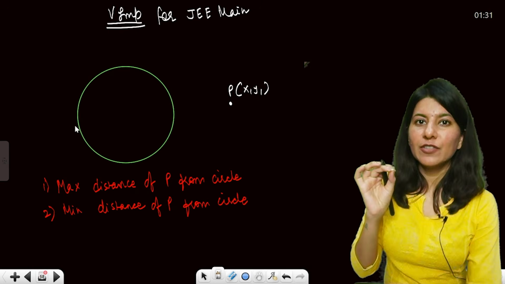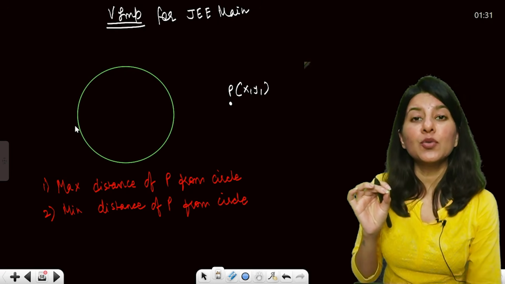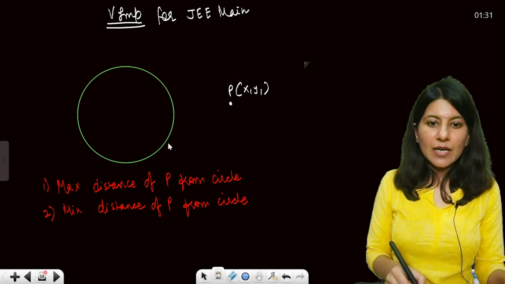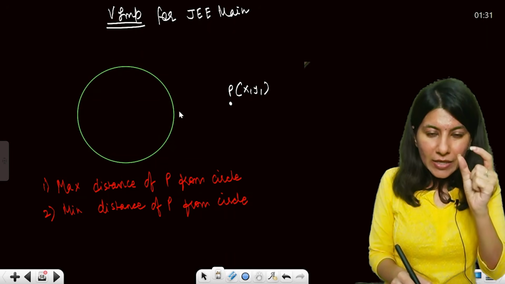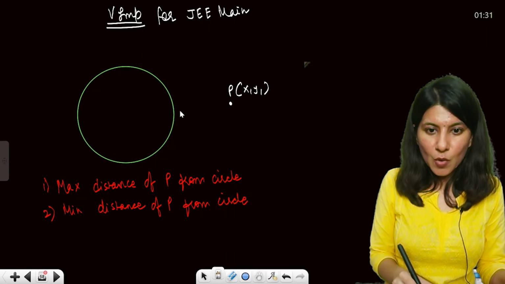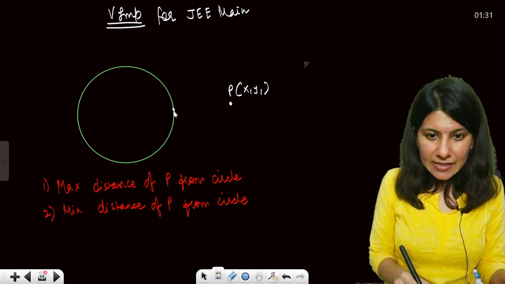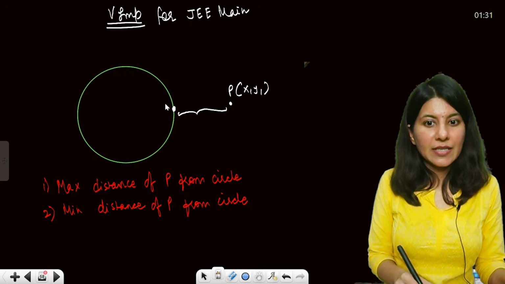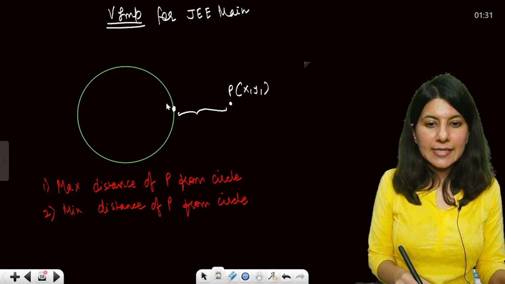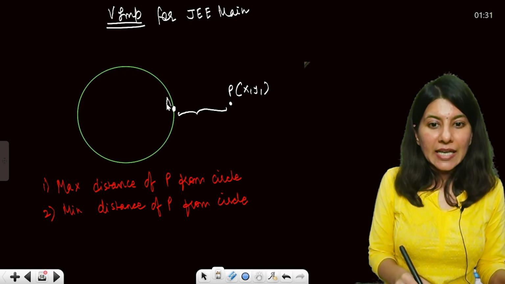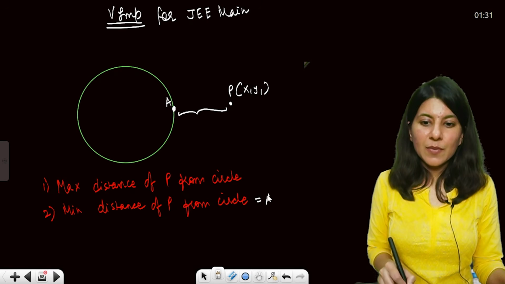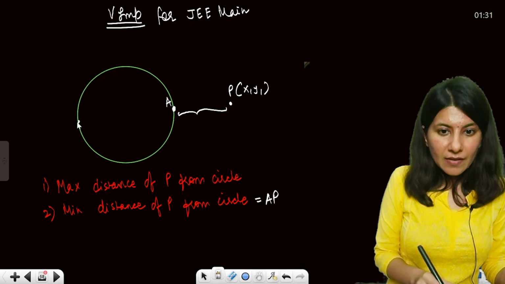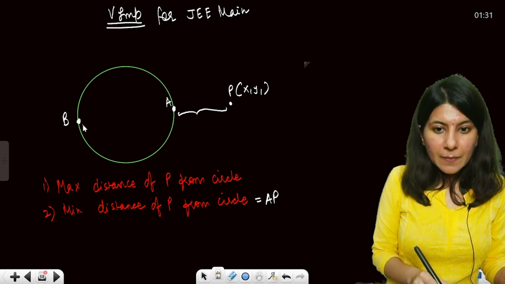Now, maybe you don't understand the word normal, especially if you are in class 11th. So you understand one thing, basically the smallest distance. So the smallest distance over here will be AP. Okay, so the minimum distance is AP and the maximum distance will be BP.